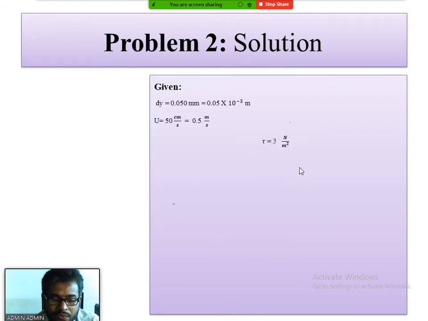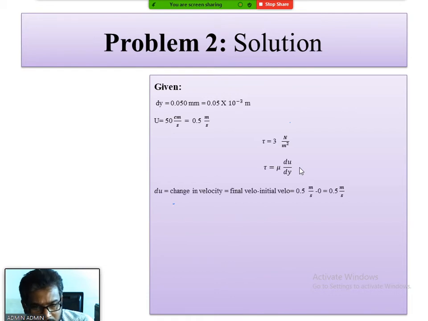The shear stress is given, that is 3 Newton per meter square. As we know the formula, tau is equal to mu du by dy. Here du is the change in velocity, meaning the final velocity minus the initial velocity. The final velocity is 0.5 meter per second, minus the initial velocity of the fluid, which is 0.